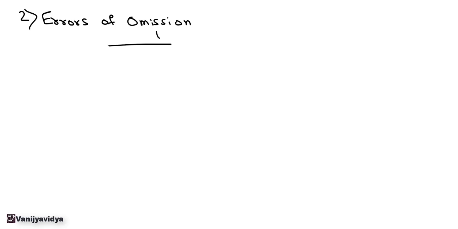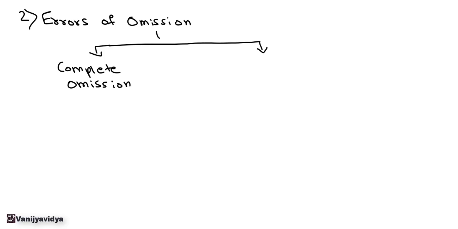So there might be two types here. One is complete omission. The next is partial omission. Now, in case of complete omission, there is no entry passed.